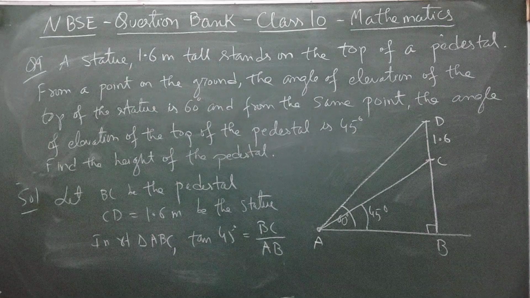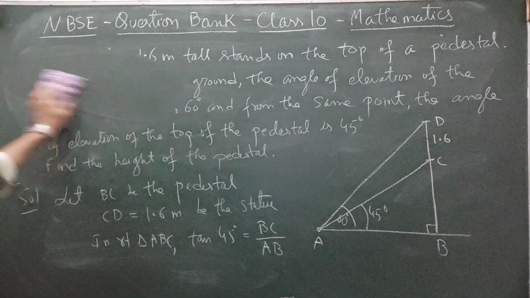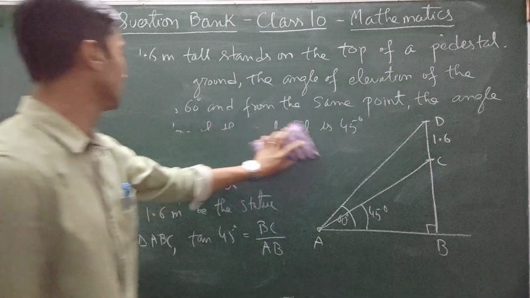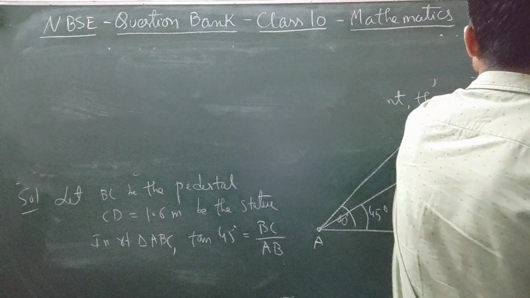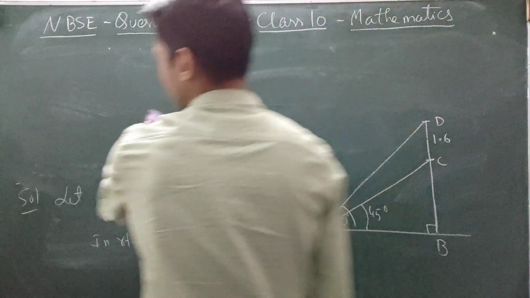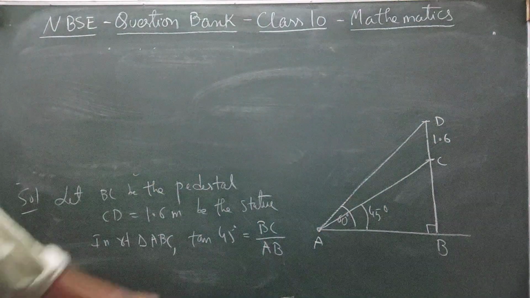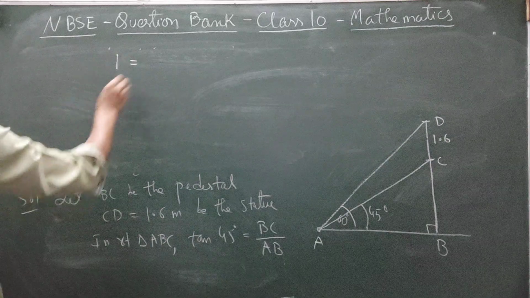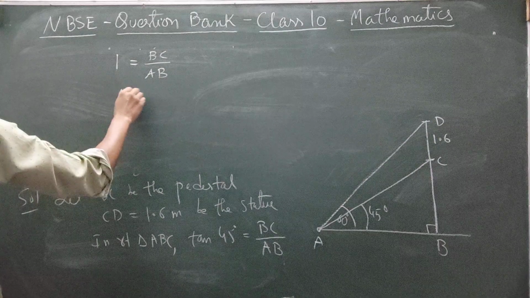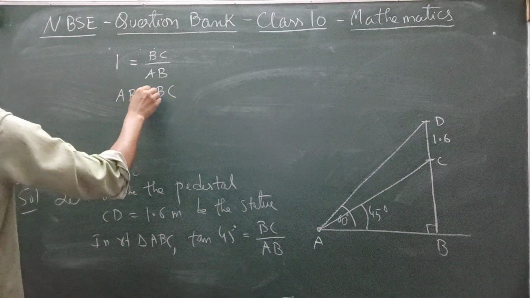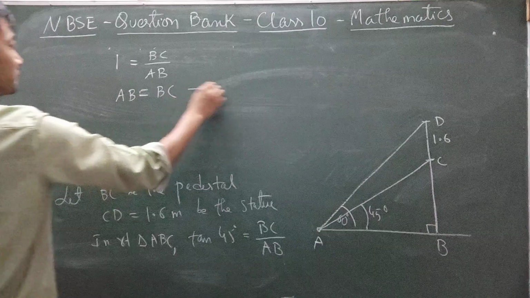Shall I rub the question now? Okay. So tan 45 is 1, BC we don't know, AB also we don't know, cross multiply, AB is equal to BC. We might need this equation, we'll keep it.